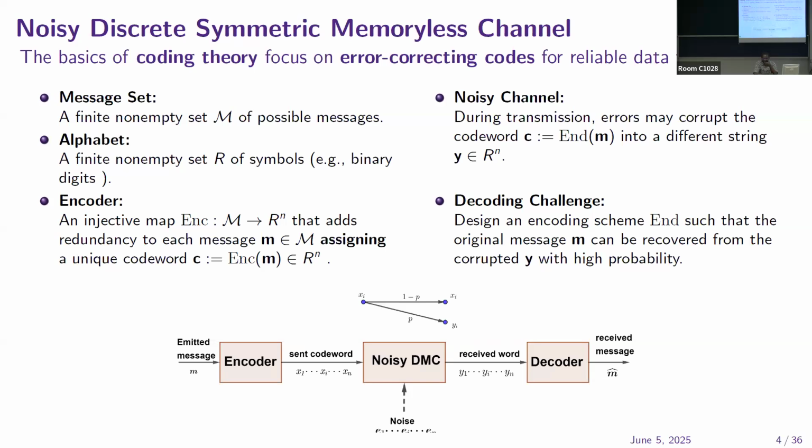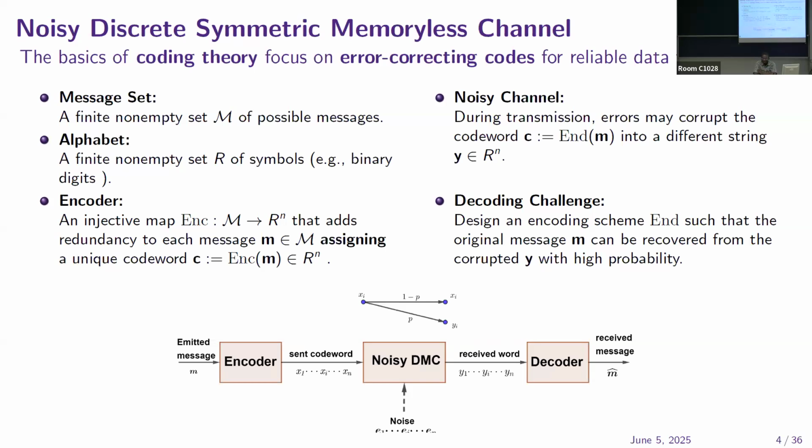This injective map sends any message to a unique code word. The length of the code word in this case is n, a positive integer.